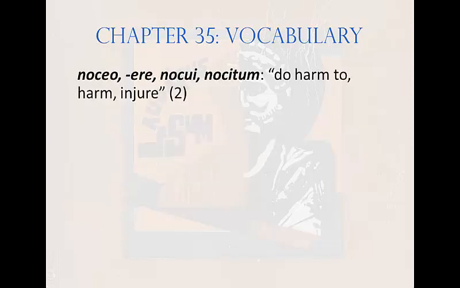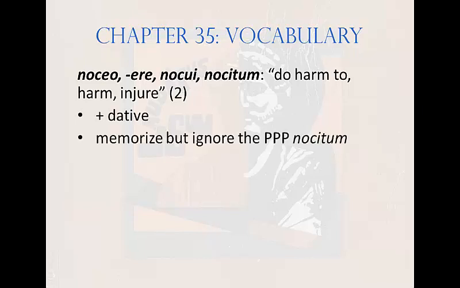And here's another verb, noceo nocere, nocui nocitum, meaning do harm to, harm, or injure. It's second conjugation, and another of those special verbs which take the dative. The last principal part, nocitum, hints that this verb has a passive, which it does, but it doesn't.